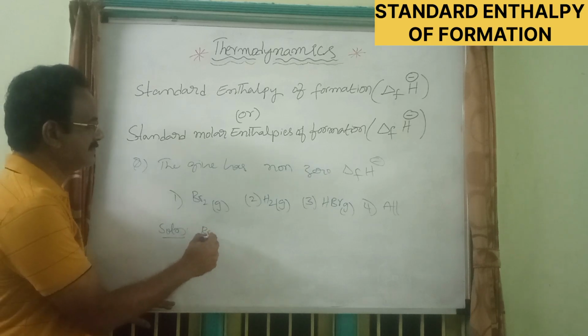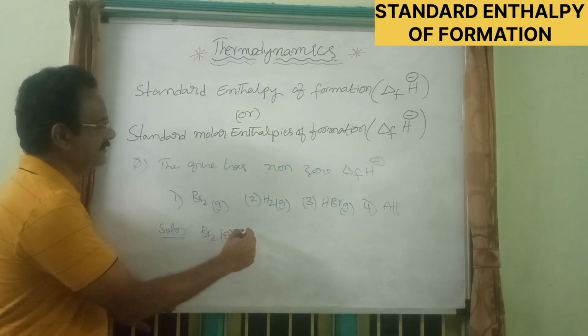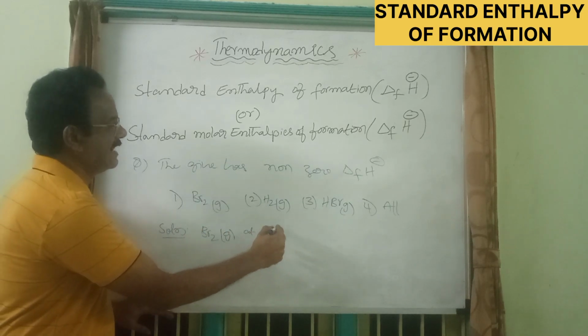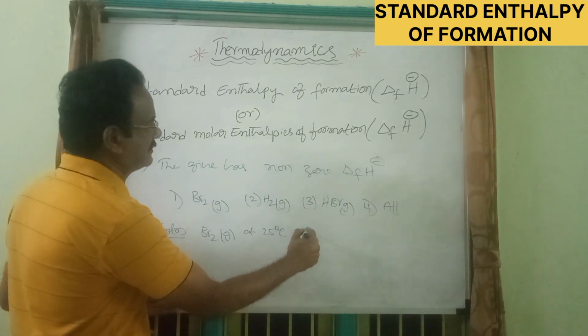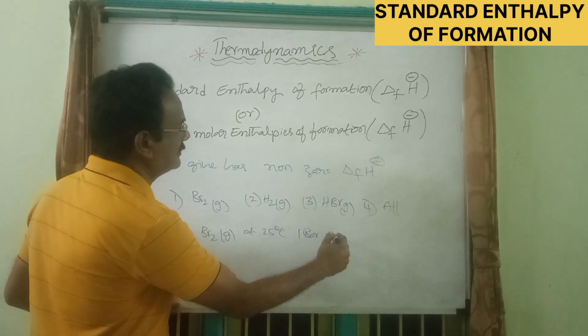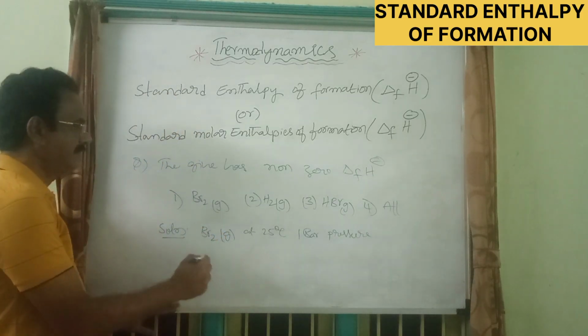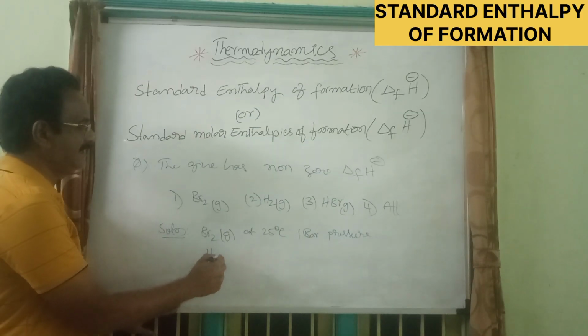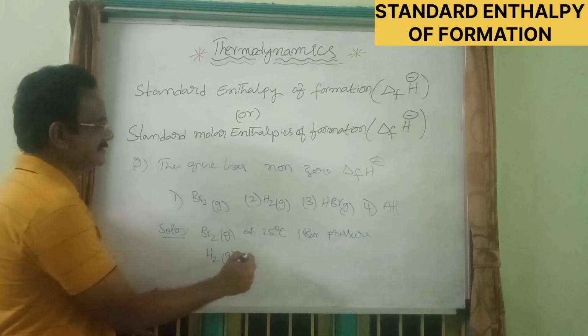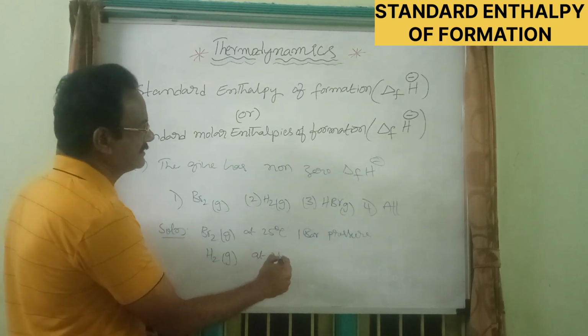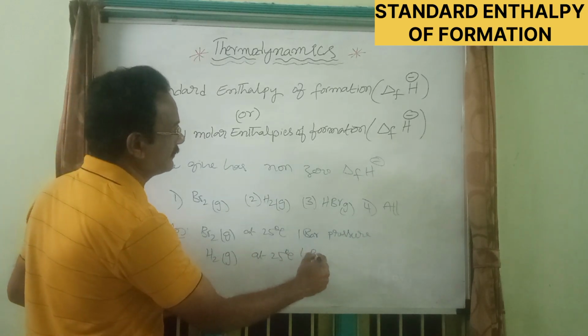Br2 is in gaseous state at 25 degrees centigrade as well as 1 bar pressure. Okay. Similarly, H2 is also in gaseous state at 25 degrees centigrade and 1 bar pressure.